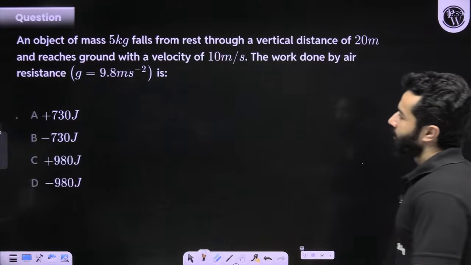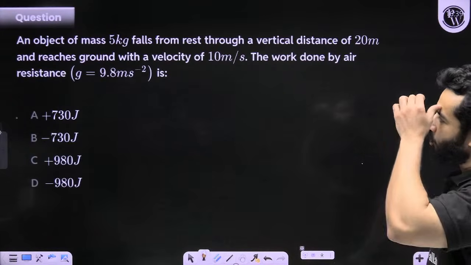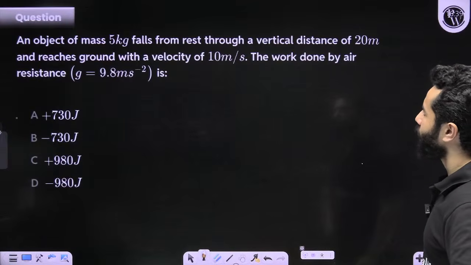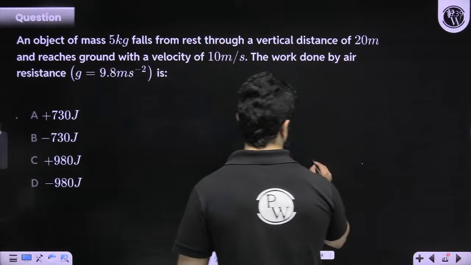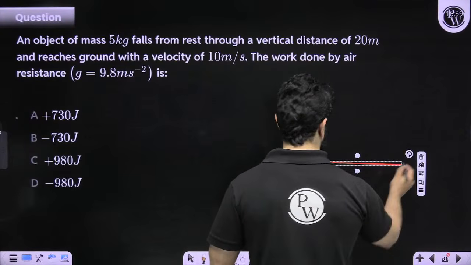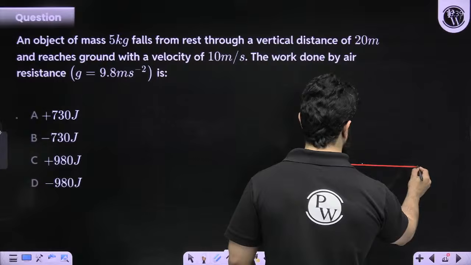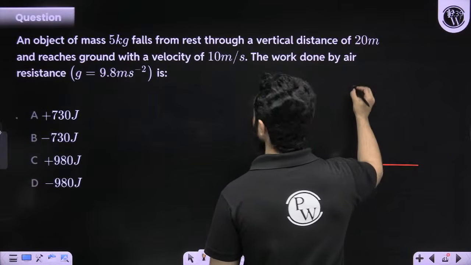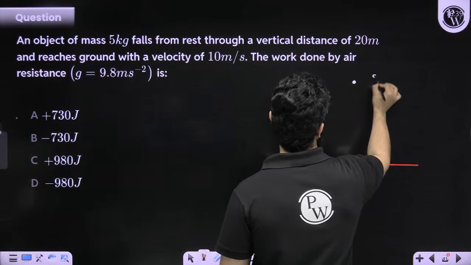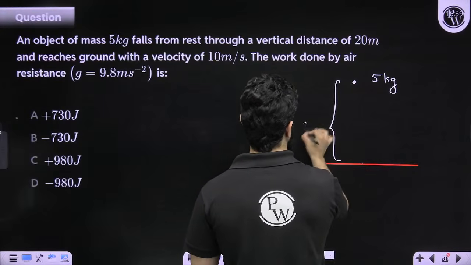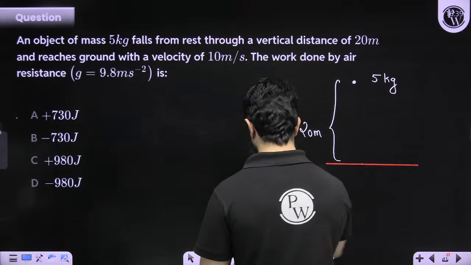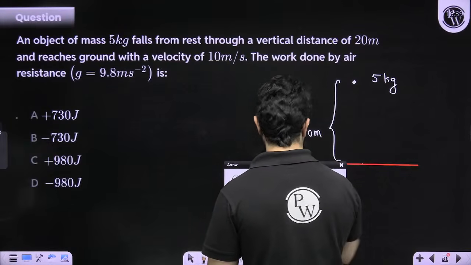All right. So in this question, they are saying that an object of mass 5 kg falls from rest through a vertical distance of 20 meter. They are saying that an object of 5 kg falls from a distance of 20 meter, right?